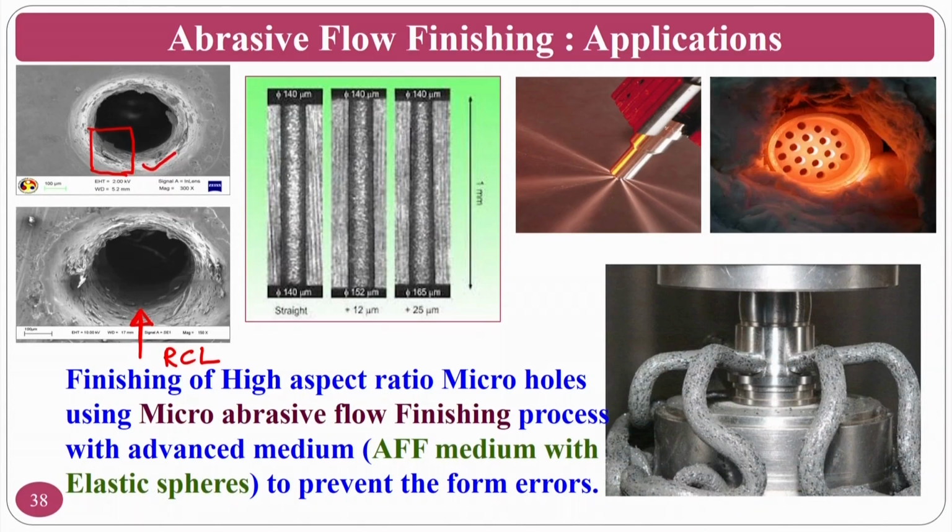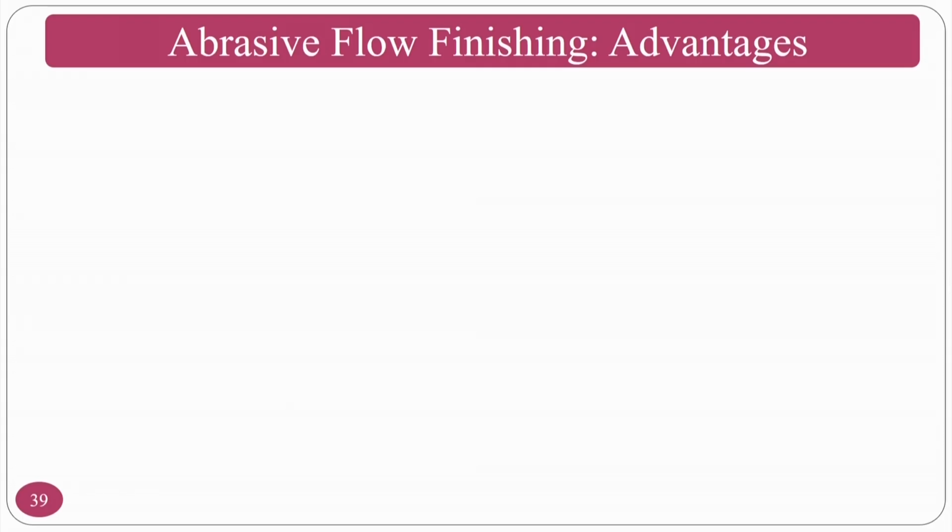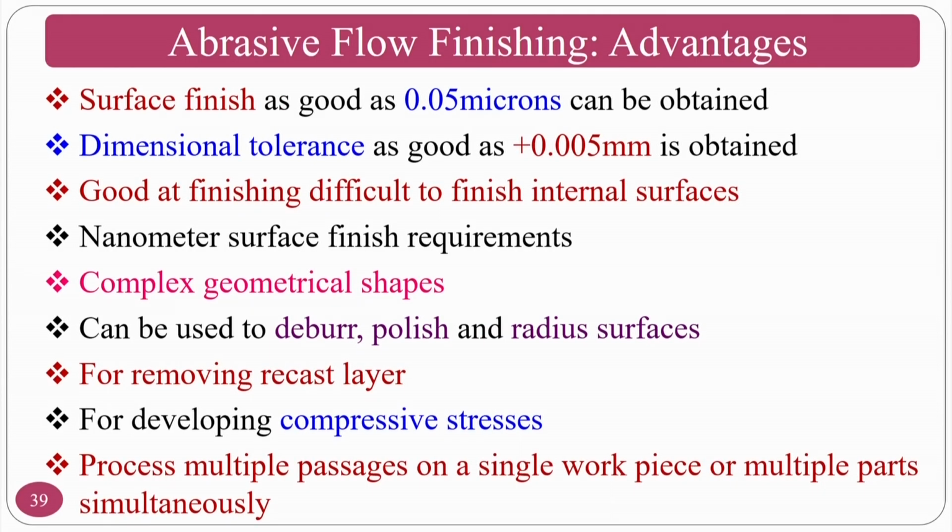You can also do this for filters and other things, and you can see how the holes are finished using the abrasive medium here. So, the other advantages: surface finish you can get up to 50 nanometers, dimensional tolerances you can get up to 0.005 mm. Difficult to finish internal shapes also can be finished. Nanometric surface finish can be achieved.